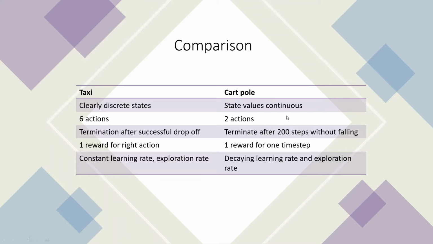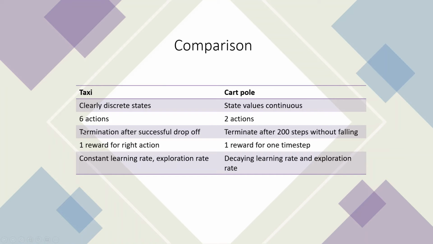However, in cart pole, it terminates after 200 steps without failing. In taxi, we get a reward for the right action taken, but in cart pole, one reward is given for one time step. So the reward graph for the cart pole problem will be a straight line, whereas taxi can be a little different.